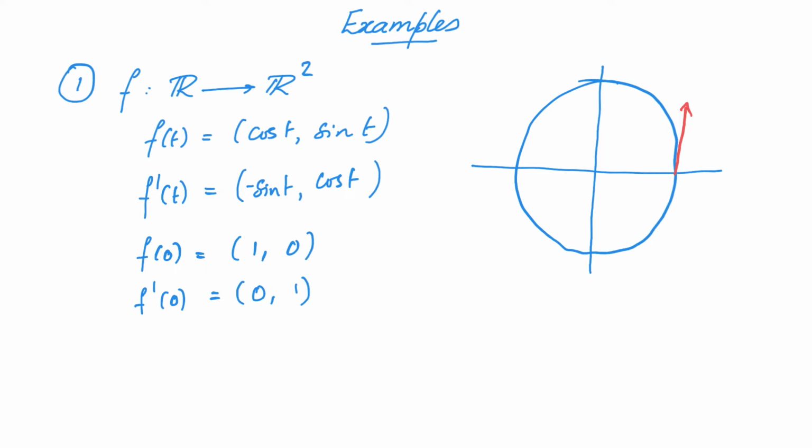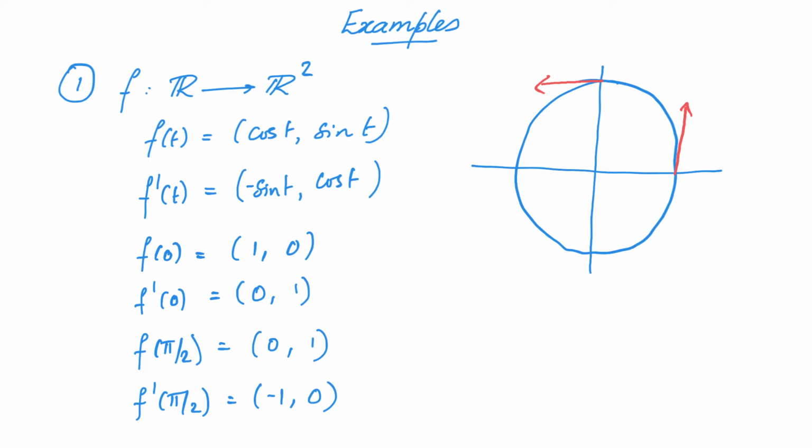Similarly, you can also notice that f of pi by 2 is equal to (0, 1), and the derivative at pi by 2 is equal to (minus 1, 0). In other words, the derivative at the point (0, 1) looks like this.